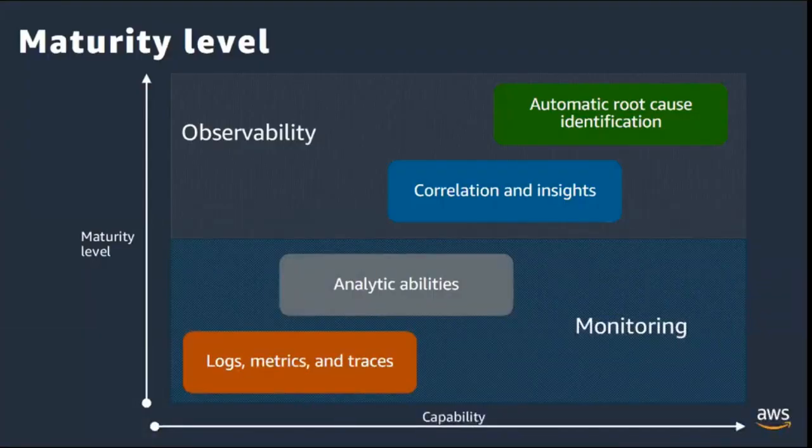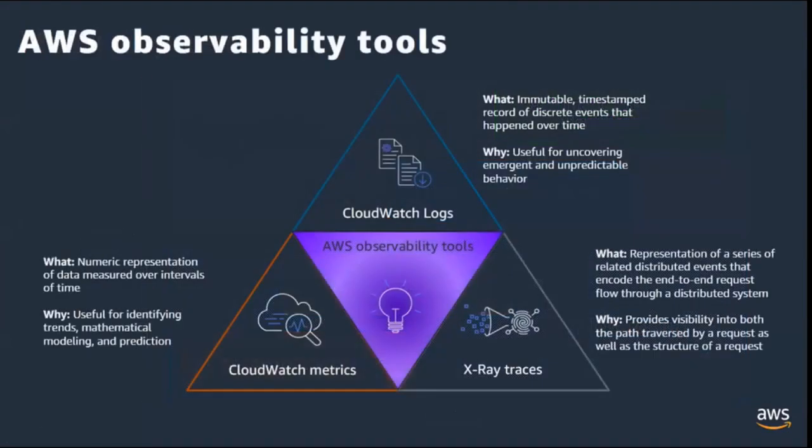To be secure, you've got to have proactive governance, and that's where logs, metrics, traces come in. I see many customers here enabling, capturing, storing, but then it's all noise. The next level is correlation and insights, and the nirvana is automatic identification and self-healing, right? We give you several tools: logs, metrics, and X-Ray.